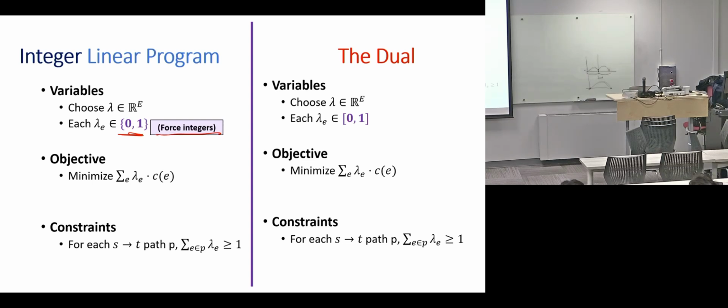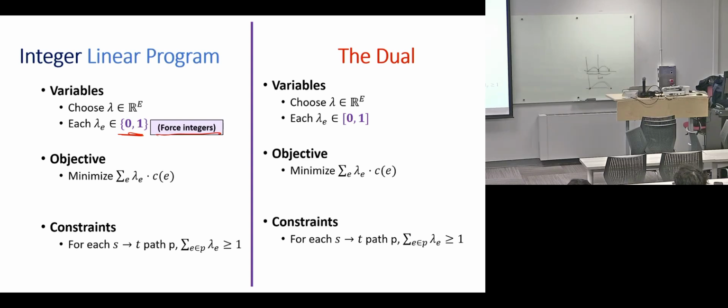I'll give you 1 minute to think: what is this problem? You need that for every path from S to T, when you go along the path, there must be at least one edge that you choose, because this is just 0, 1.